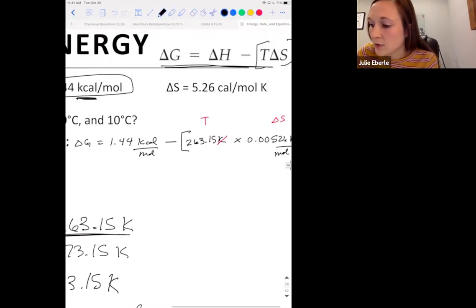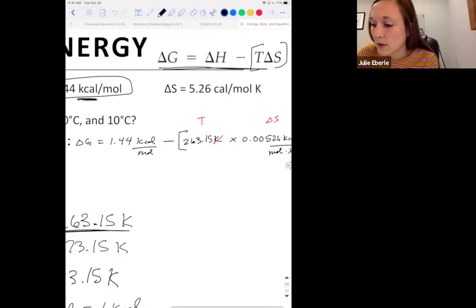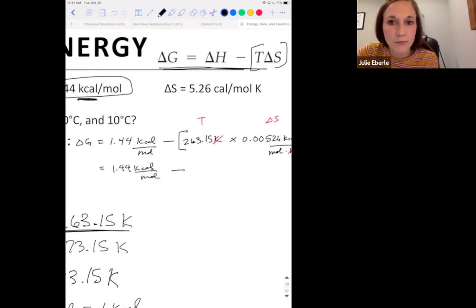So can anybody do 263.15 times 0.00526 and tell me what they get? Because now we're going to have 1.44 kcal per mole minus that value. 1.38? Okay. 1.38, 2 decimals is plenty.